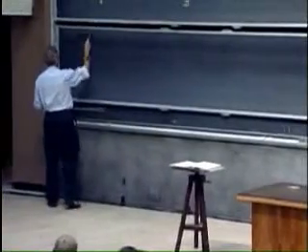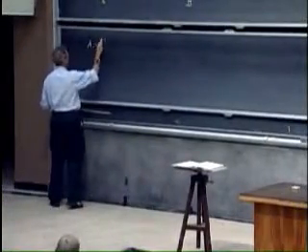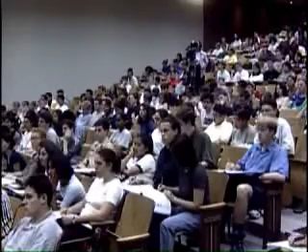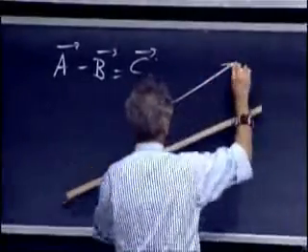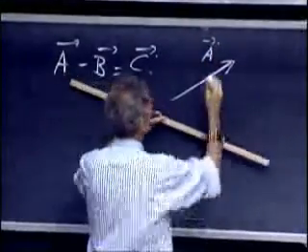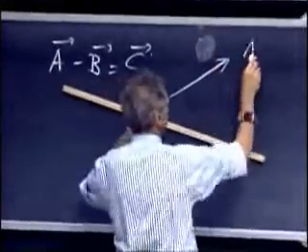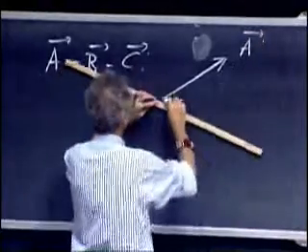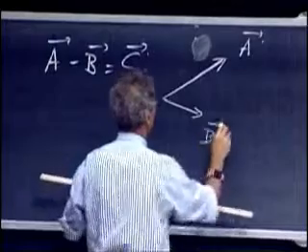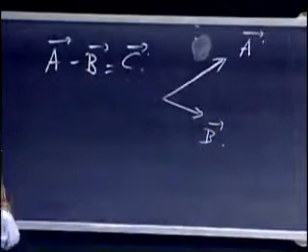So A minus B equals C. Here we have vector A, and here we have vector B. One way to look at this is the following.